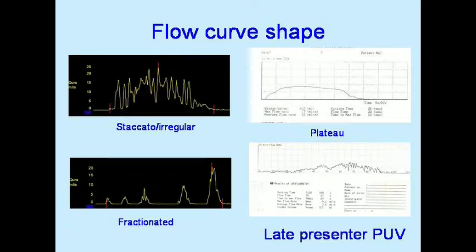The top left-hand one is the classical staccato, the fractionated, which is indicative of dysfunctional voiders. The plateau, as we are aware, on the top right-hand corner, is in obstructions, and the plateau with a bit of staccato associated was in a boy who was a late presenter with posterior urethral valve.